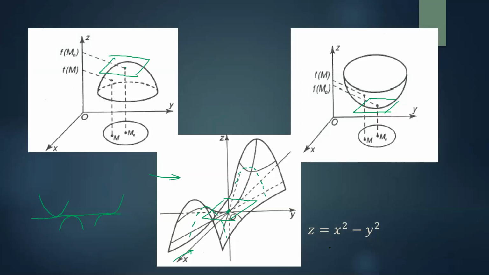It's not sufficient to have a horizontal tangent plane. And therefore, when we find those points where the tangent plane is horizontal, we also need to decide which kind of point it is. Now, how to do that?